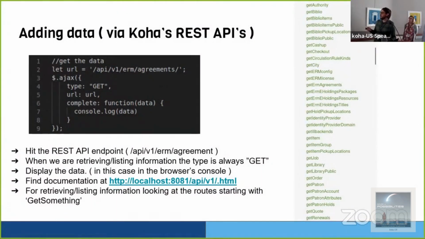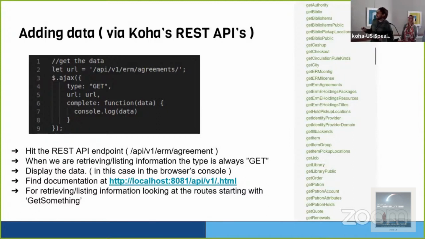And then I'm just gonna talk a little bit about these kind of cool ways you can pull data into a page. We can use Koha's REST API, which is pretty robust these days. Over on this side, you can see the list of all these things that start with get, which is just a way of listing these different things. Cities, patrons, bibs, orders, all kinds of stuff like that.